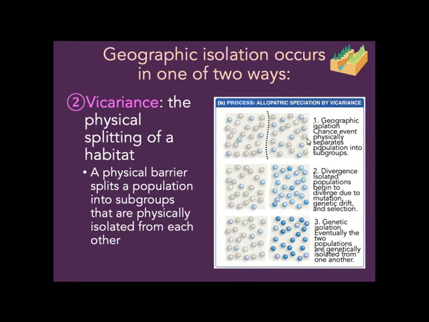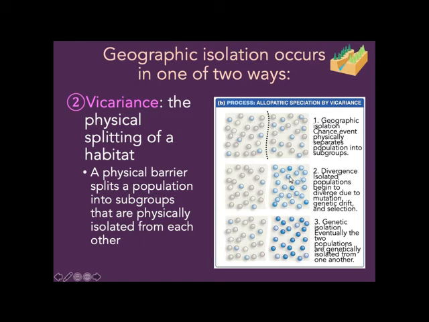Vicariance is when nobody goes anywhere, but something happens to the habitat that splits the groups from each other. It could be that a giant crevice opens up in the ground and separates this population into two groups. After that happens, you have the same mechanisms that I just described with dispersal. Maybe this side has a higher proportion of the blue alleles, and so by genetic drift, you have more blues over here than over here.